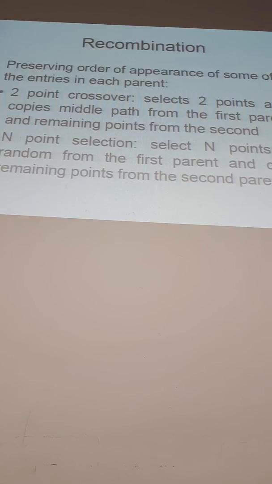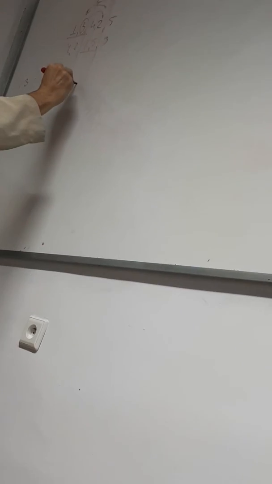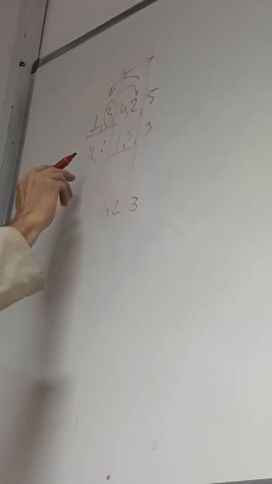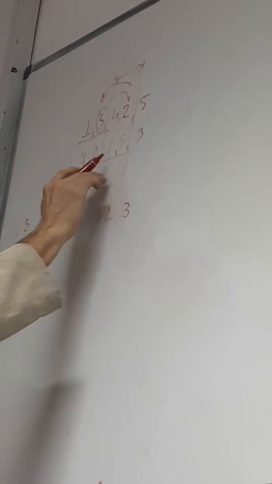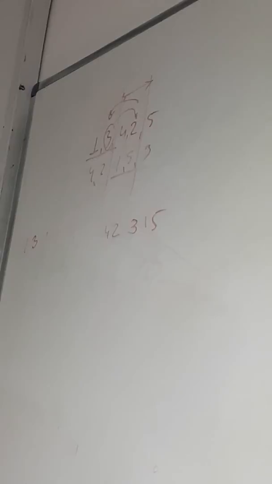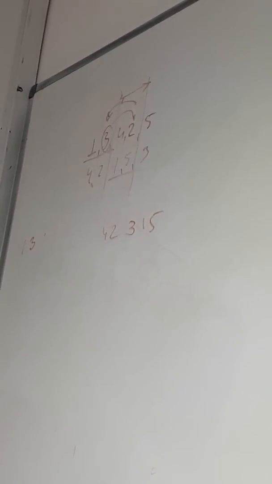So we take 4, 2 from the first individual, and we copy the remaining points from the second. So after this point we have 3. Then 4 was already used, 2 was already used, so we copy 1, 5. Order of the cities is preserved.